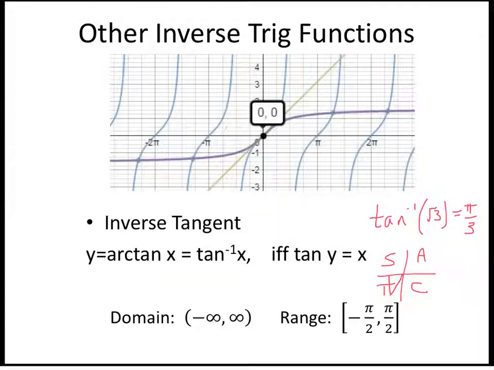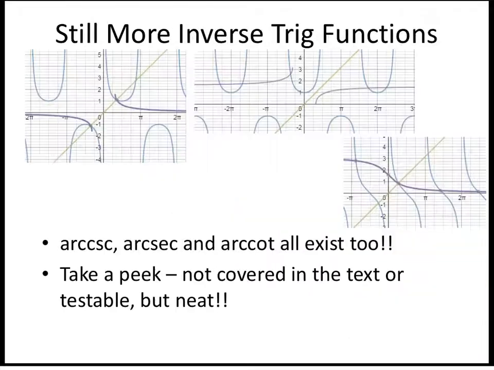So with a reference angle of pi over 3 in the third quadrant, we are looking at 4 pi over 3 as well, being an answer for inverse tangent of square root of 3.